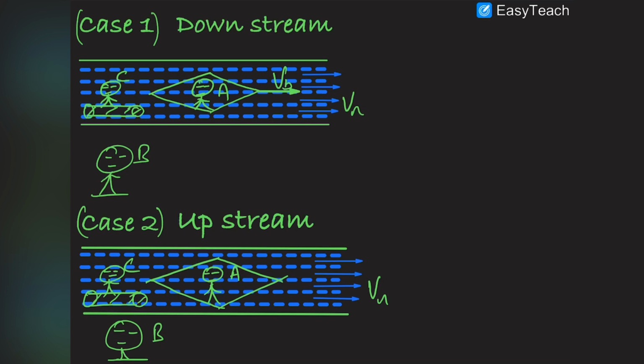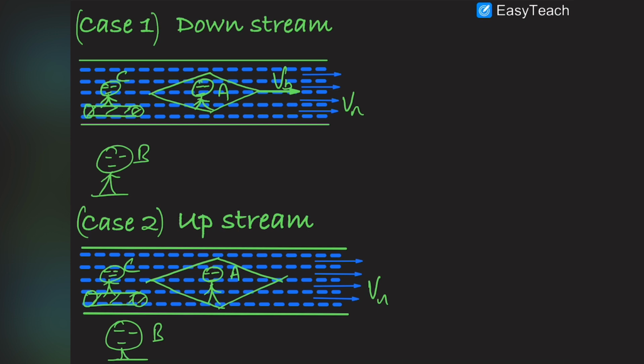Downstream means that the river and the velocity of boat are in the same direction, and you can imagine that there is an observer A which is sitting in a boat which can move with the velocity of VB due to its engine, and this boat is moving in the direction of the river velocity with the velocity VB with respect to the river, and the river is flowing with the velocity VR, and there is an observer C which is sitting on a wooden log which is floating in this river.